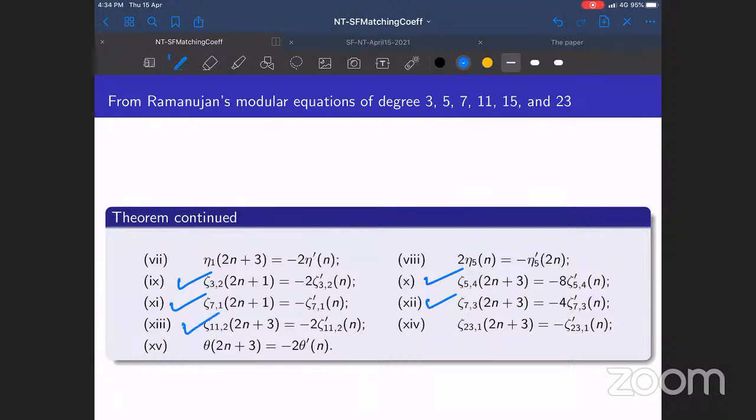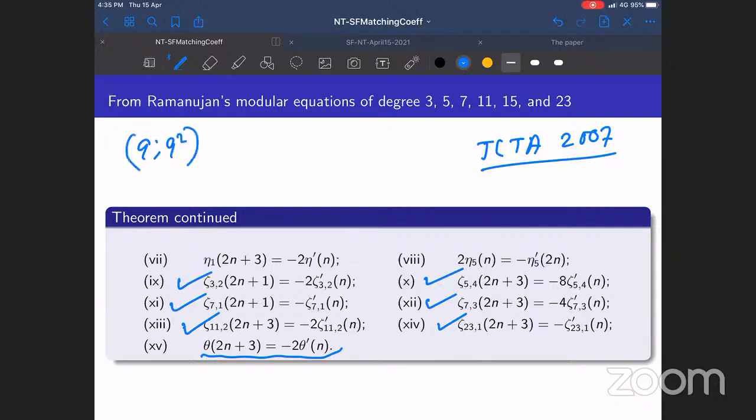Then this is 11, then this is 23, and there is a mixed modular equation of that Ramanujan, Schröter, and Russell type, and that was proved by Barnes and myself in the JCTA paper in 2007. Okay, and from there also we get a matching coefficient result, but in that case there are as many as 4 colors. That means the concerned function is this one. The corresponding function is this one.